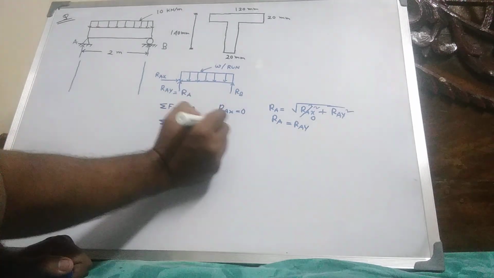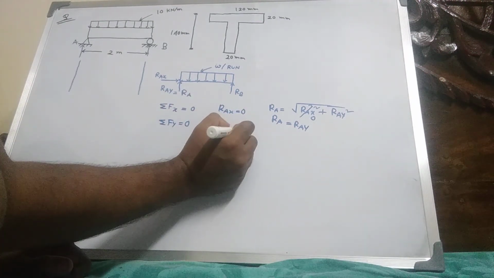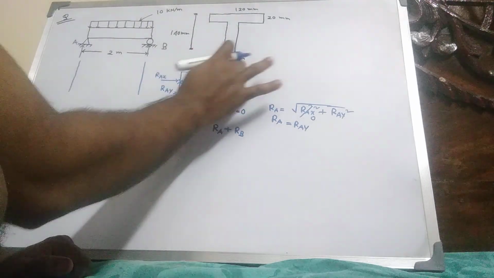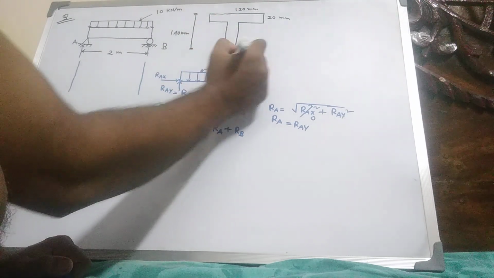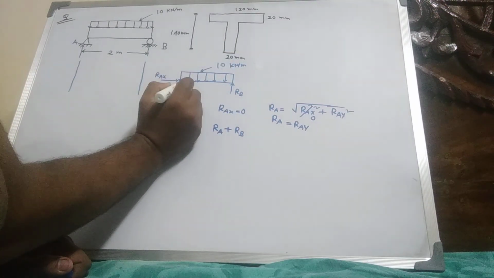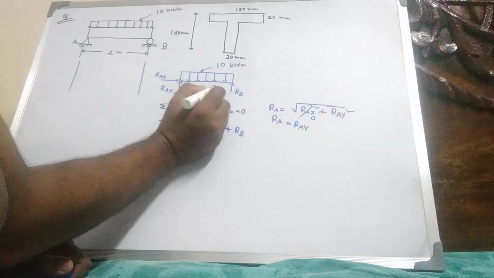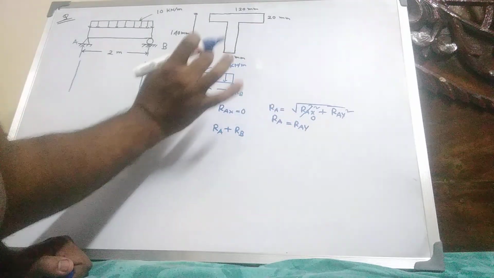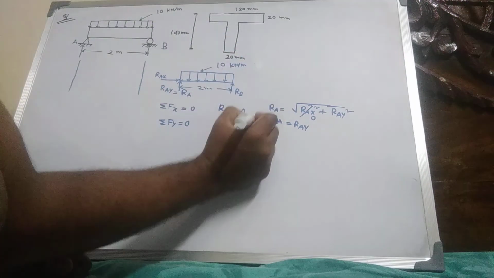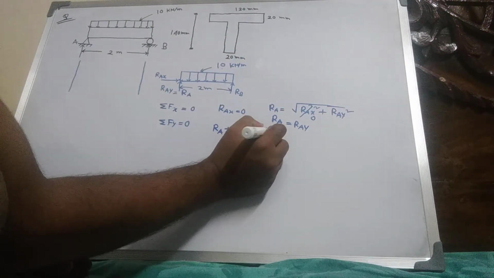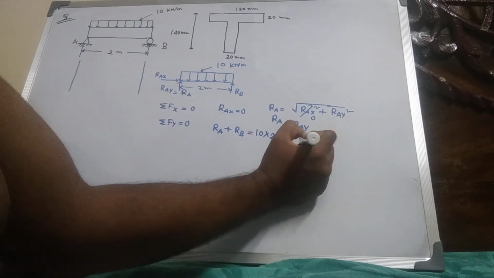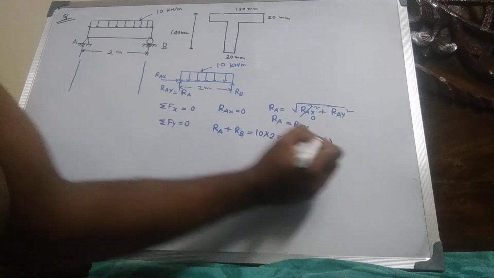So RA plus RB, putting in the value, 10 kilonewton per meter and this is 2 meter. The upward forces RA and RB equal the downward force, 10 into 2, which is 20. This is equation number 1.